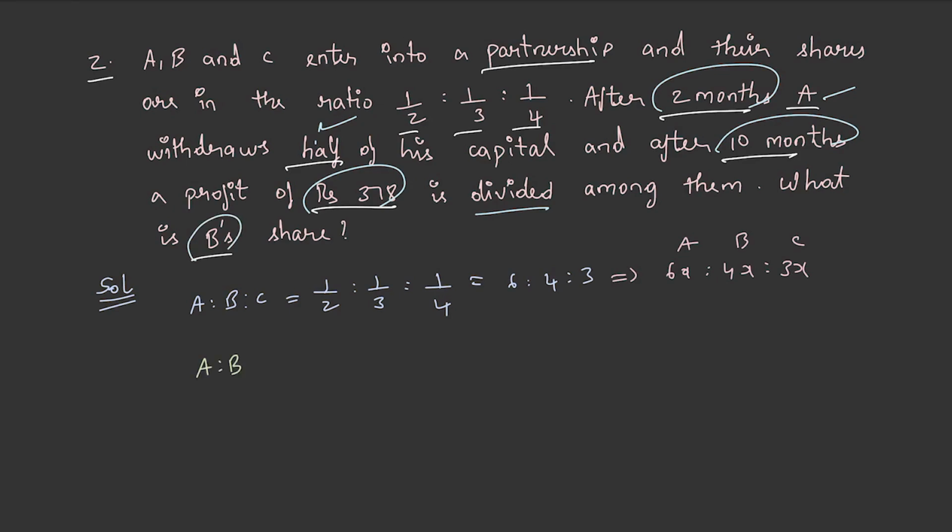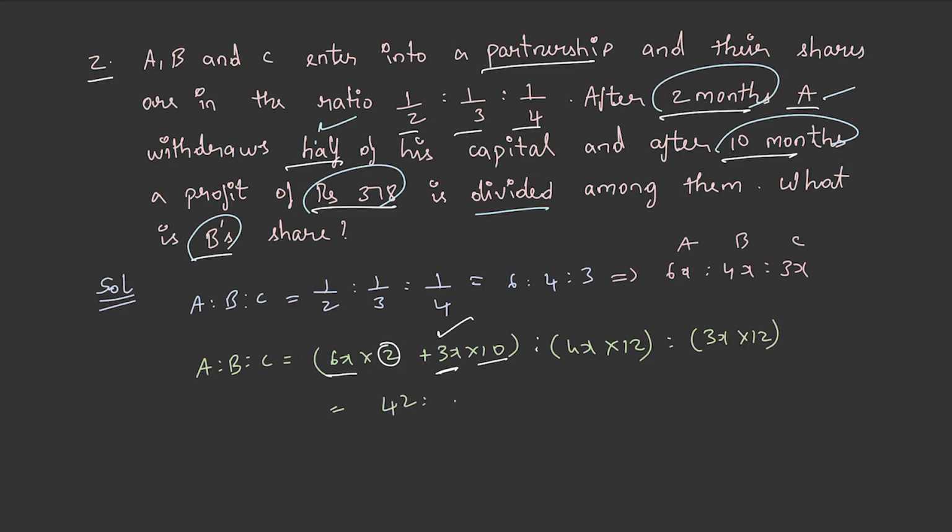Therefore, the capital ratio will be 6x into 2 plus 3x into 10. This is because his investment was 6x for 2 months, and he removed half of his capital after 2 months, so it became 3x, and for the remaining 10 months his capital investment was 3x. Similarly, for B, 4x into 12, and for C it is 3x into 12. So this can be written as 42 : 48 : 36.